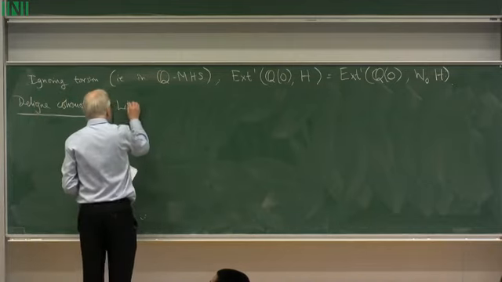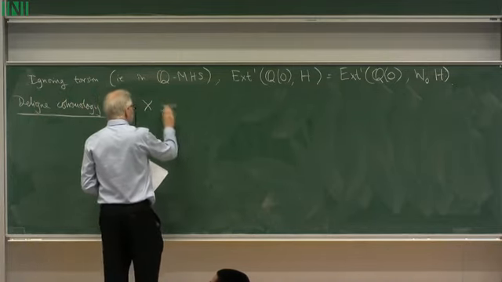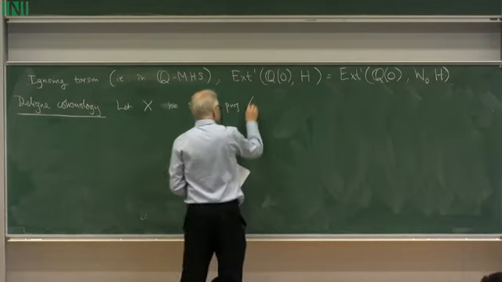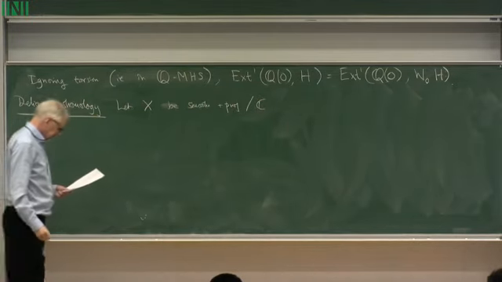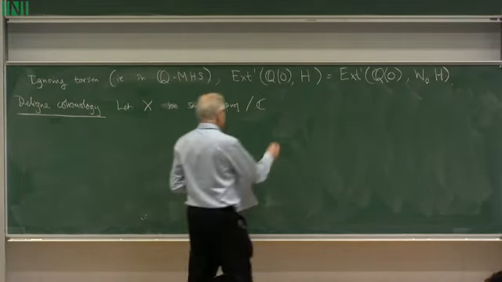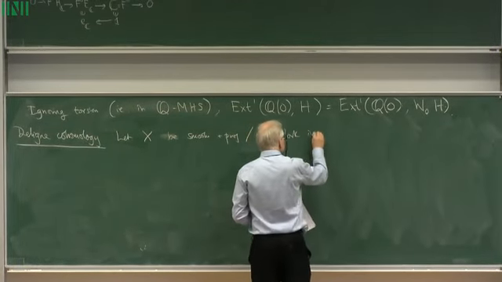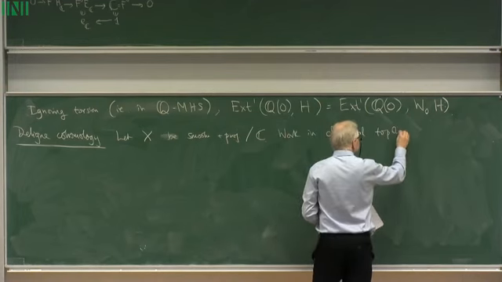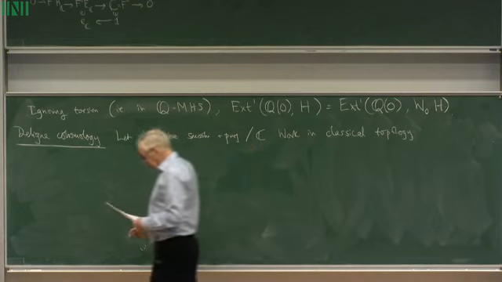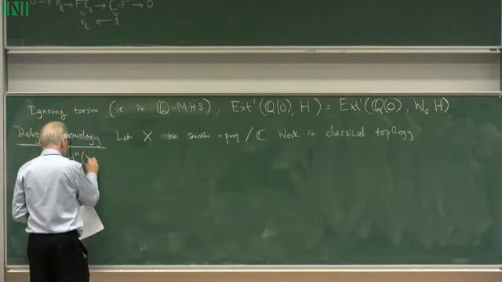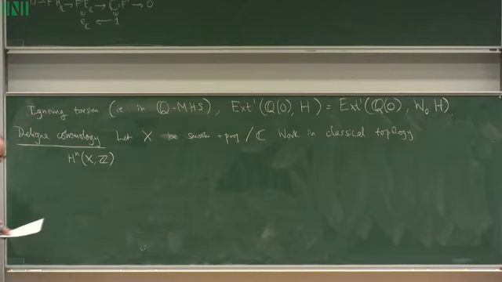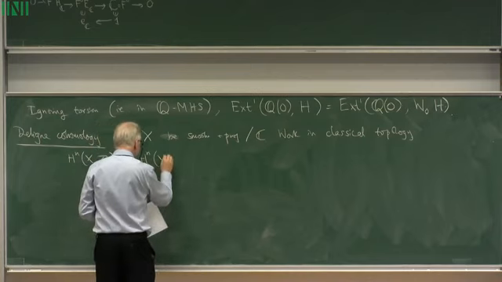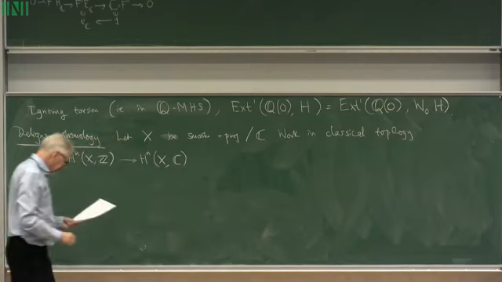Okay, so let's suppose now we have X, which is smooth and projective over C, and we work in the classical topology. So I won't bother to write all these X's everywhere. Then we have the cohomology with Z coefficients, which maps injectively mod torsion to the cohomology with complex coefficients.